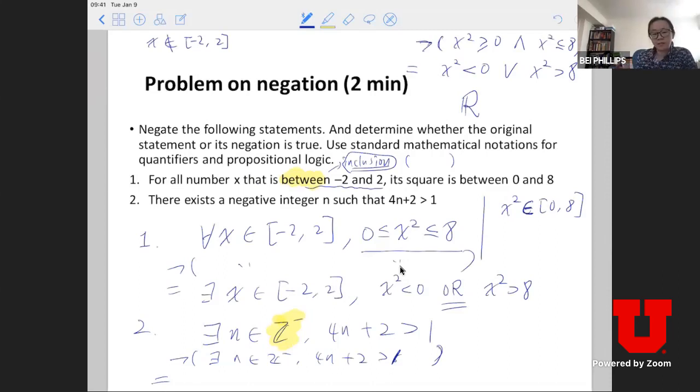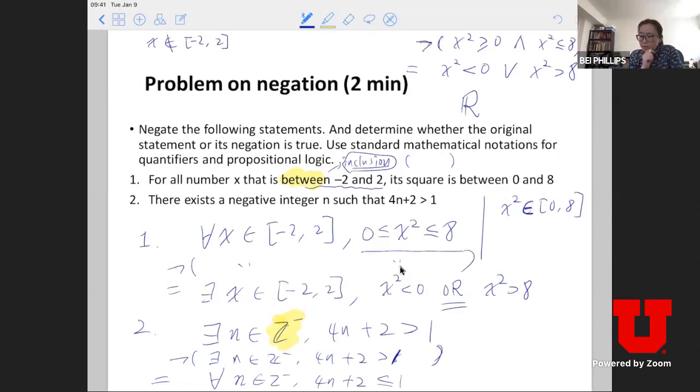Remember when you negate the exists symbol, it becomes the for all symbol, right? So in this case, it's for all n belonging to the negative integers, 4n plus 2 is smaller or equal to 1. So when you negate an inequality, the direction switches.